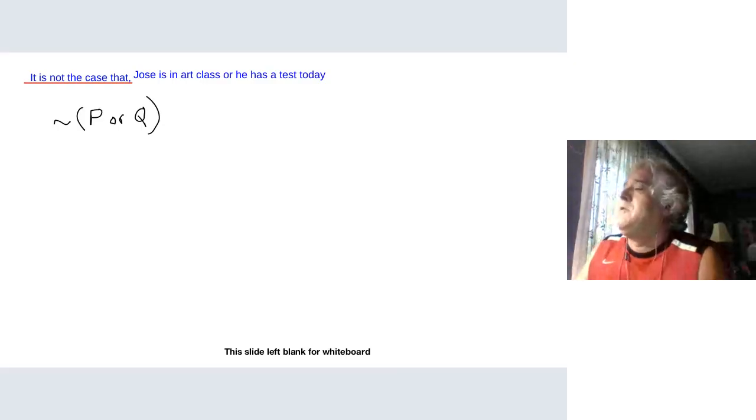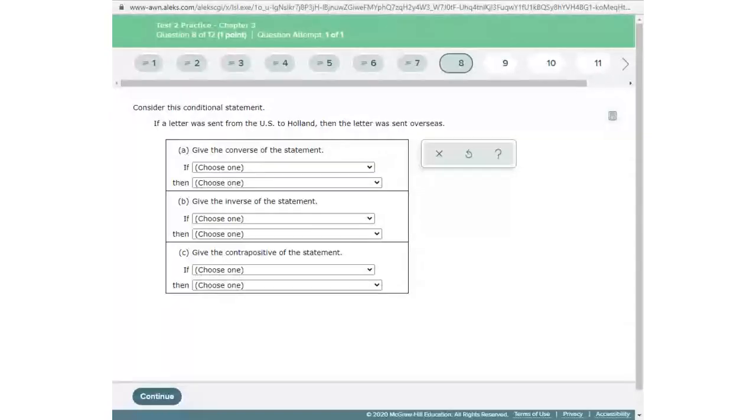So let's see what they want us to do over there. Okay, so the converse, that's where we flip them around. They give us the statement: if a letter was sent from the U.S. to Holland, that's your P, then the letter was sent overseas.